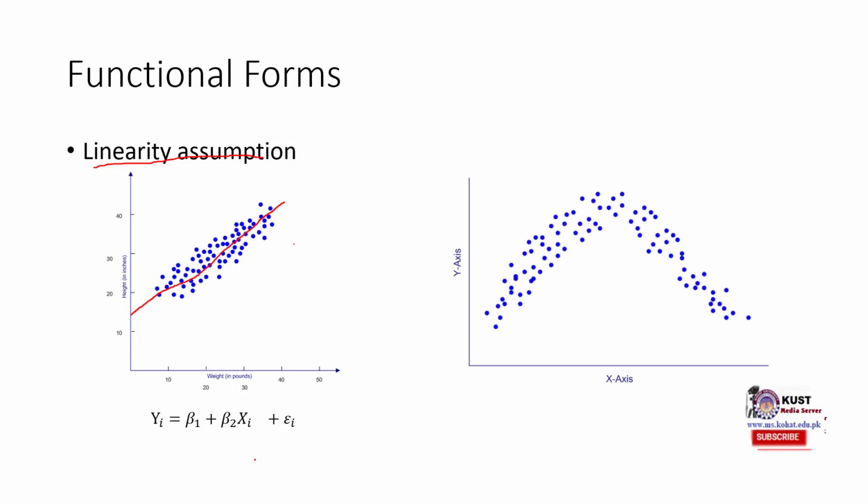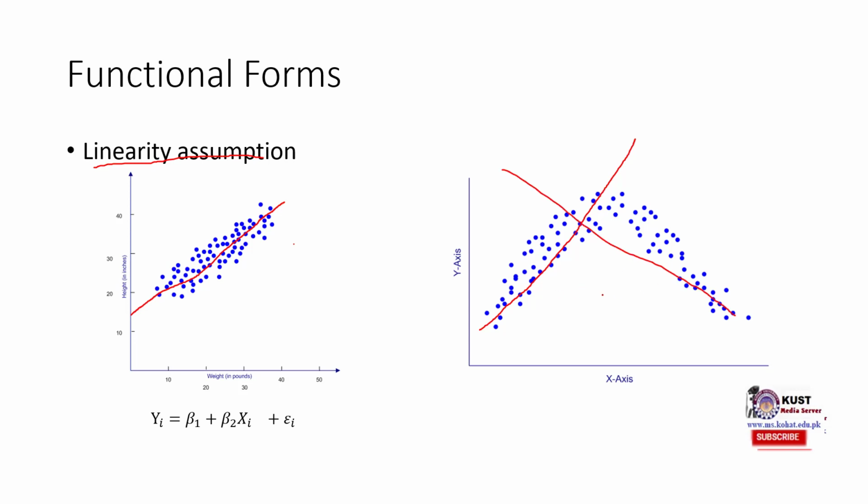Okay, so in the next example, this is again a scatter plot of the data, but if we draw a straight line, then this might not exactly represent the data. Either the line can be drawn like this or it can be drawn like this.